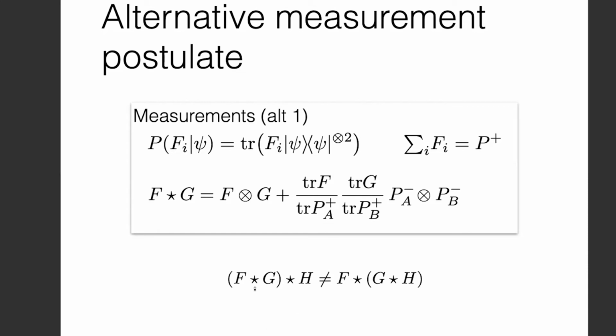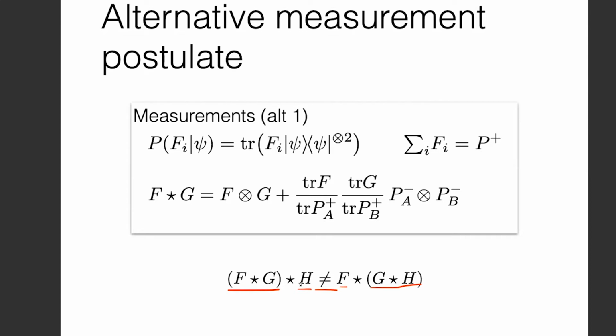If this inequality happens, it means that we have something that for one observer could be a tripartite system, but another observer could describe it as a bipartite system, where this is a single system and this is the other. And another observer could do a different bipartition. These are subjective choices in the description. It's just a change of description, and it's not changing what is out there. So it should not change the probabilities that the theory predicts. But in this theory, the probabilities change depending on how you consider the order of the star product.